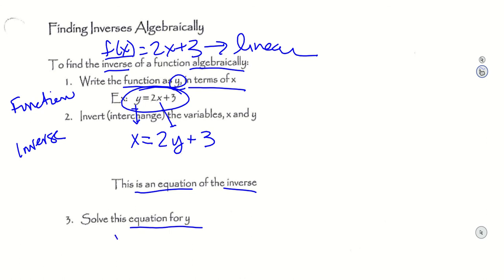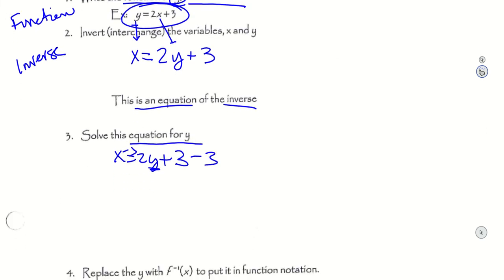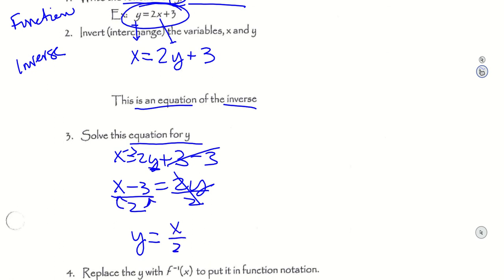So if I have x equals 2y plus 3, and I want to solve it for y, then I'm going to have to subtract 3 from both sides, and I end up with x minus 3 equals 2y, and then I'm going to divide both sides by 2, and I get, I'm going to put y on the left side, y equals, distributing that division of 2, x over 2 minus 3 halves.